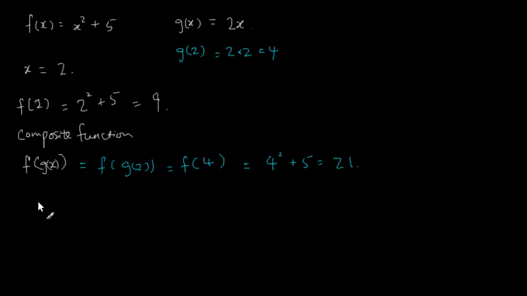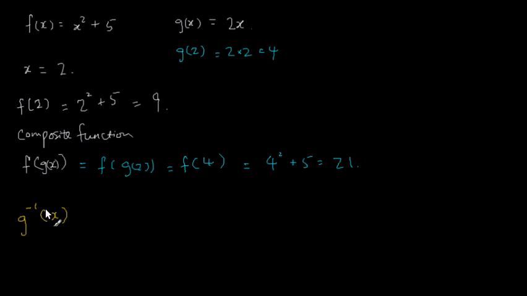Let's have a quick look at this function, g minus 1. I need to be careful how I write this. g written as 2 to the power of minus 1, bracket x.